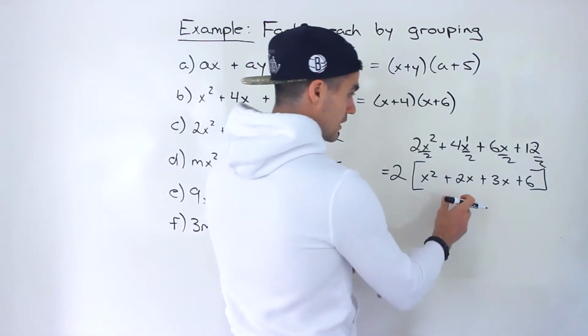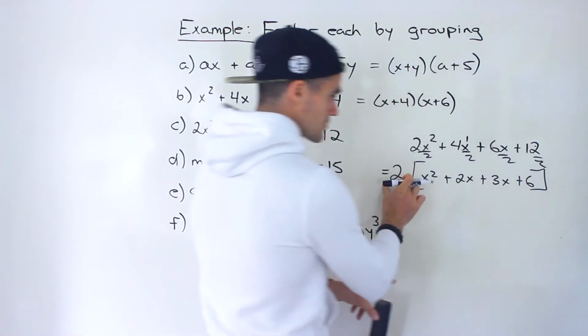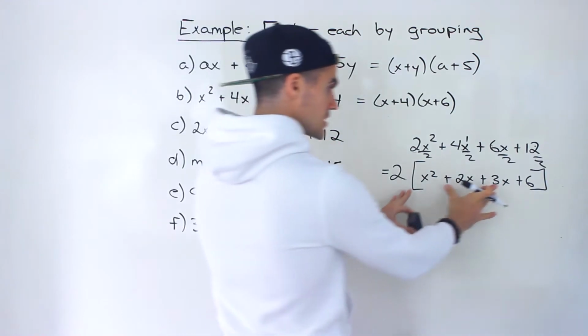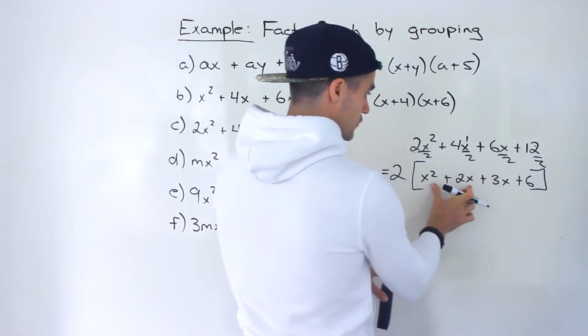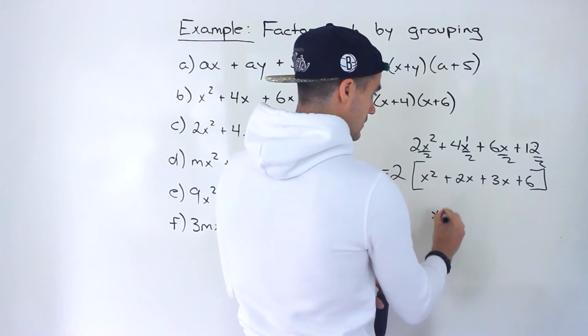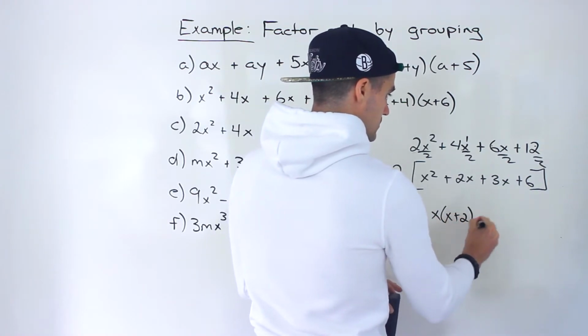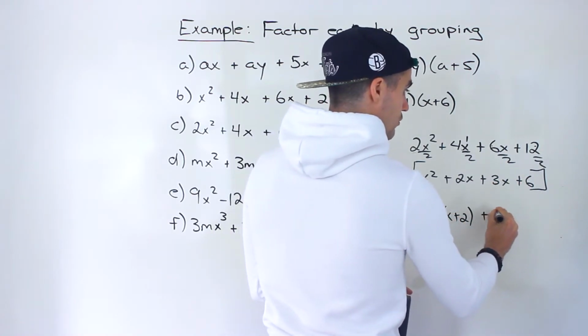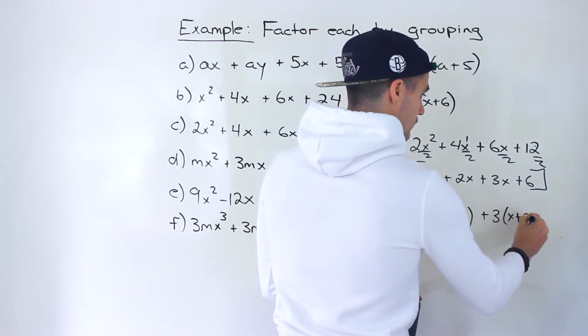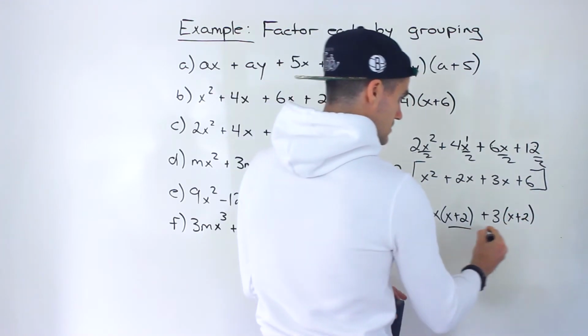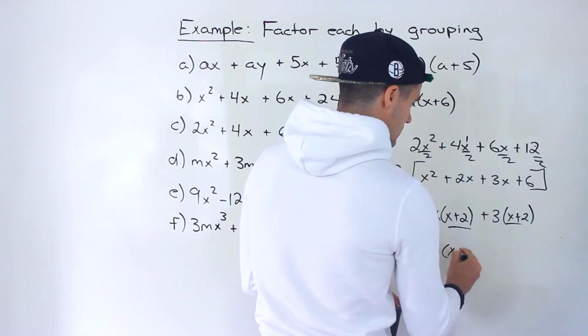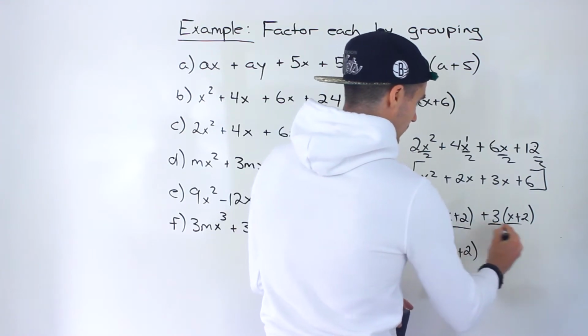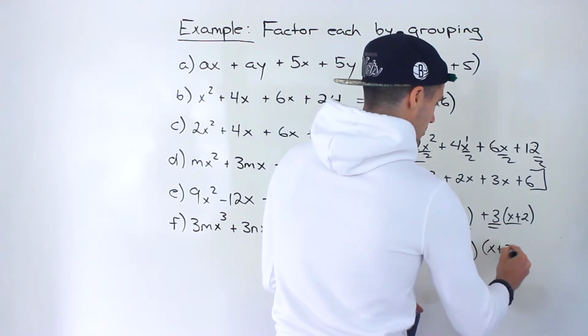So notice if we do that, let's just work with this bracket. Let's remember that we got that 2 on the outside, so I'm just going to be working with this right here. From these two, we could take out an x. We're left with x plus 2. From these two, we could take out a 3. And we're left with x plus 2. And then notice we could take out that x plus 2, and we're left with x plus 3.